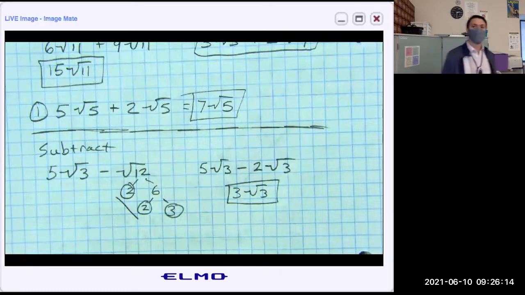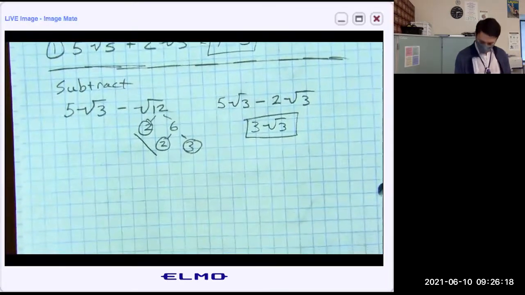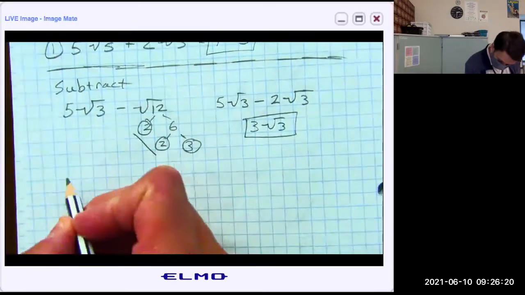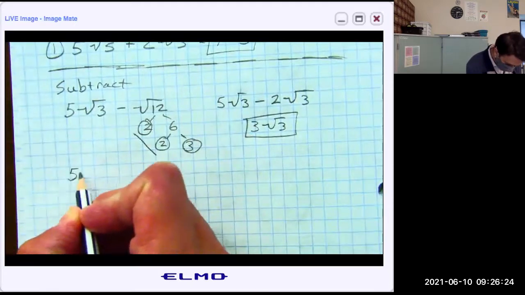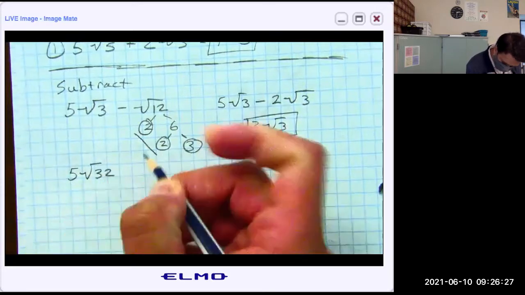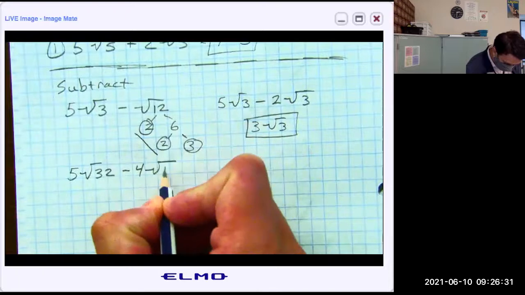All right, let me show you one more, and then we'll check in and make sure you're feeling all right. Let's take this one. 5 square root of 32 minus 4 square root of 18.